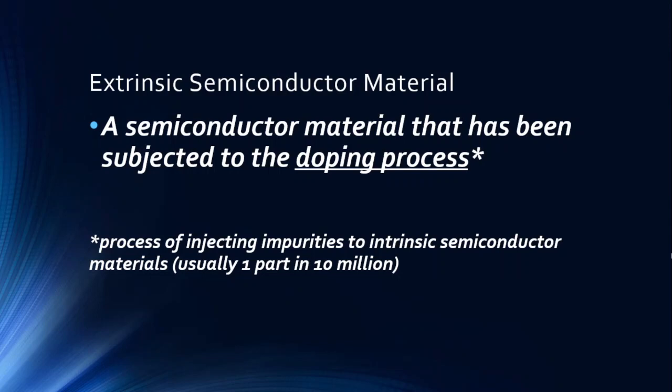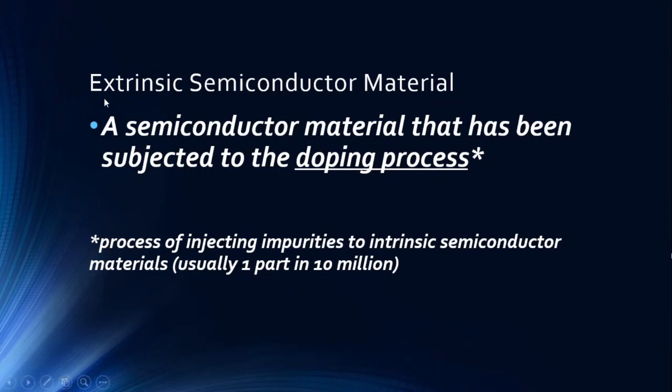Iba naman insects. So kumbaga, we're trying to inject something into a pure substance, no, to improve its quality or to increase its quantity. No, in this case, no, yung intrinsic semiconductor, dinadagdagan natin ng impurities, no, para mas lalo siyang maging conductive. Okay?